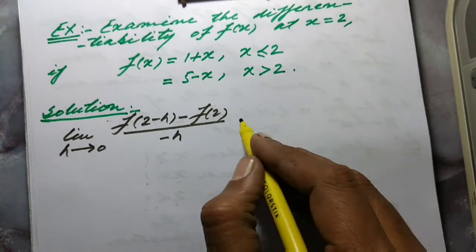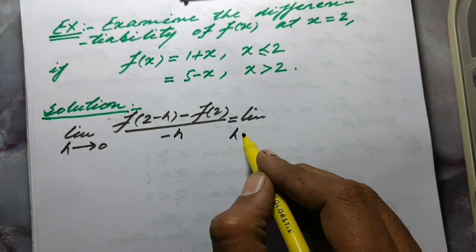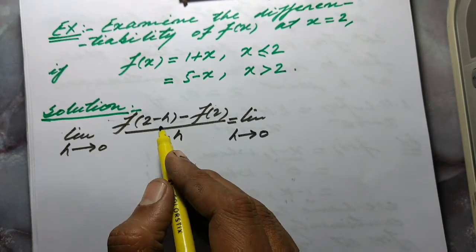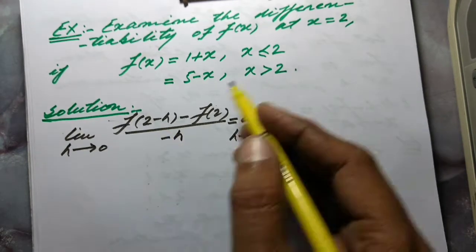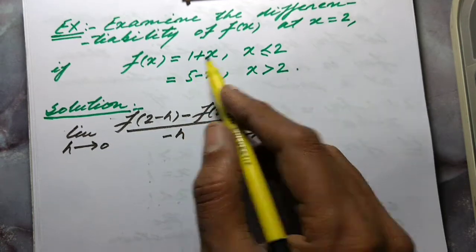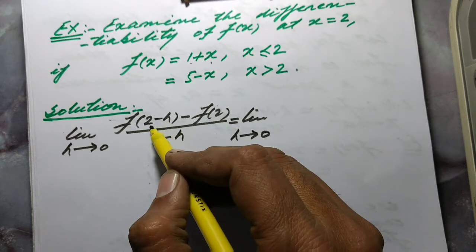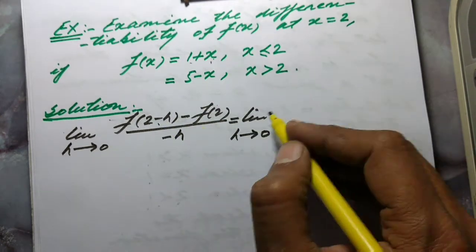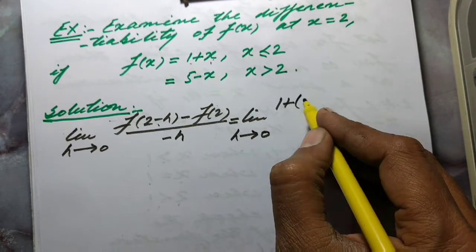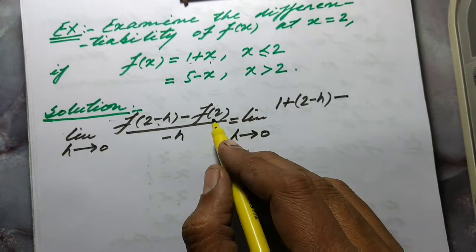That is equal to limit h tends to 0. Now 2 minus h is considered to be less than 2, and when x is less than 2 the function has the value 1 plus x. So in the 1 plus x expression, we replace x by 2 minus h, that is f(2 minus h) = 1 plus (2 minus h), minus f(2).